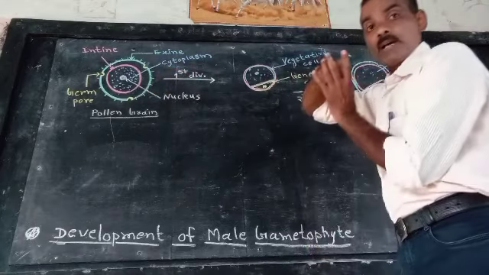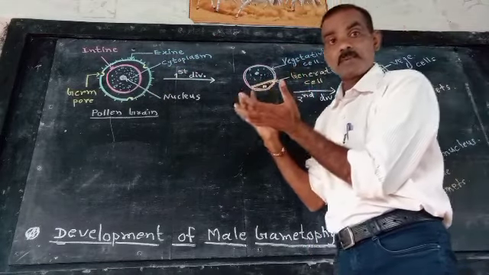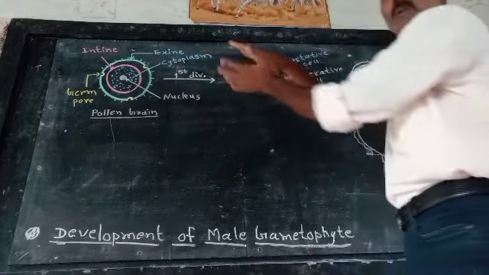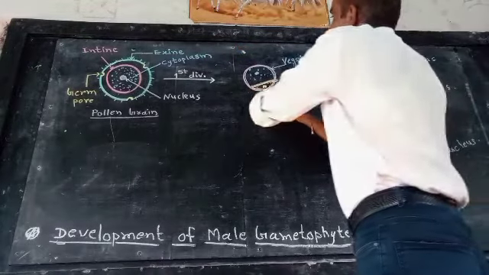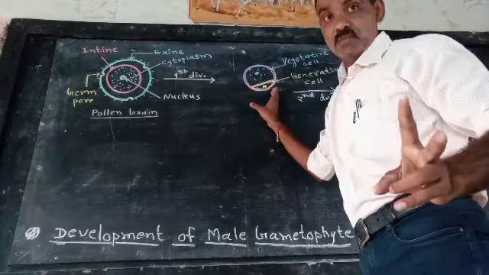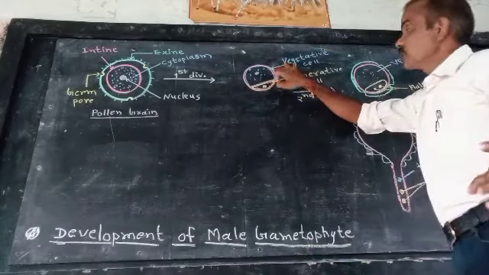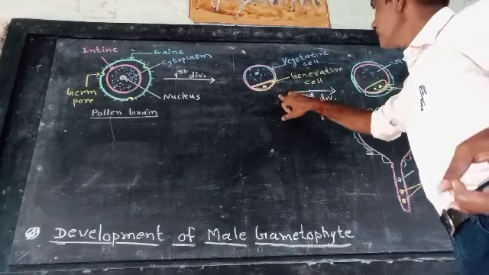After falling on the stigma, it becomes swollen, and the nucleus of that pollen grain divides, forming a two-celled structure: a larger vegetative cell and a smaller generative cell.